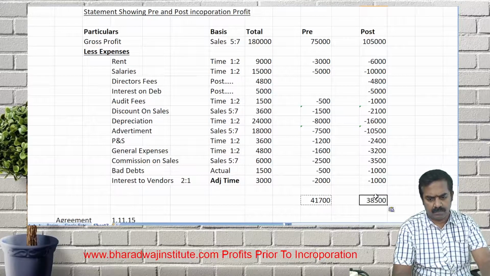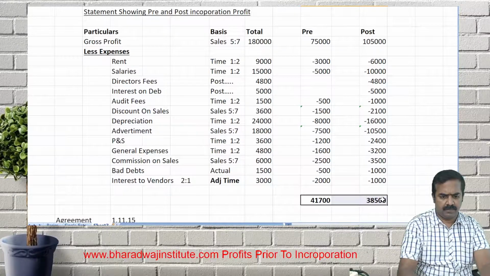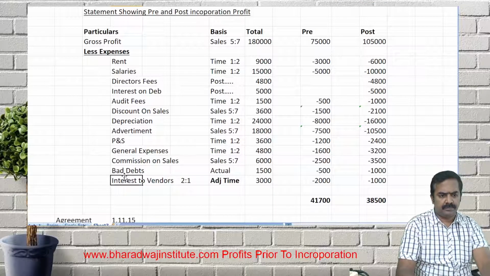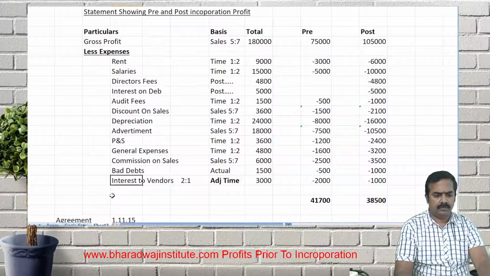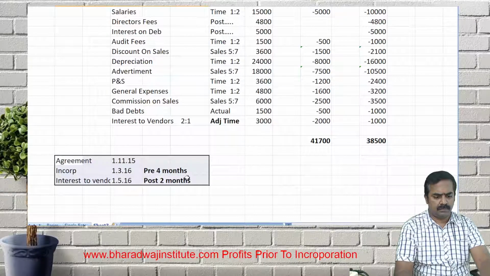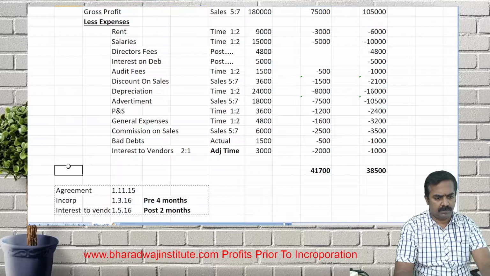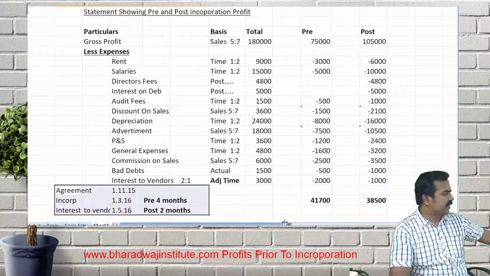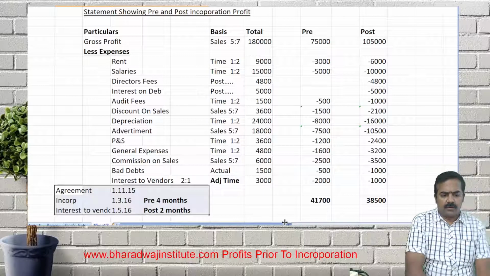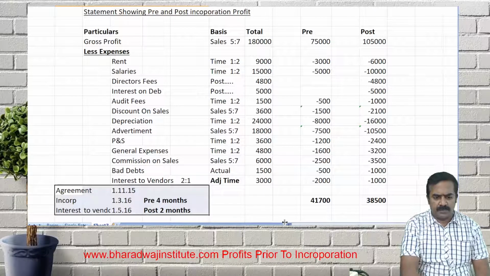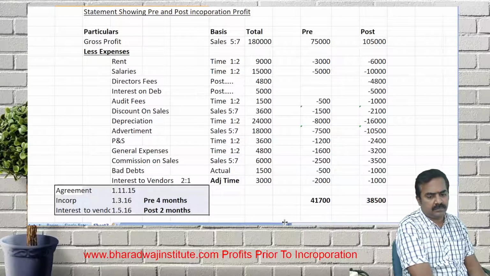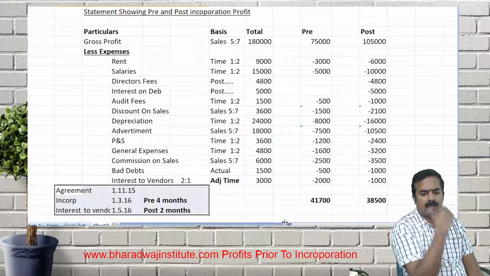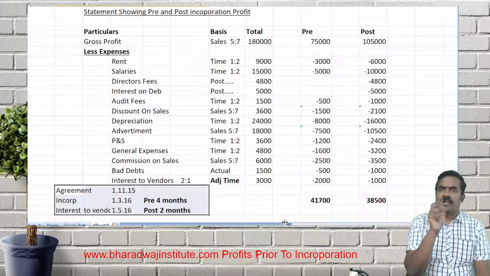If bad debts are not given with an estimate, we must take sales ratio. Interest to vendors, 4 months, 2 months. Adjusted time ratio. And after this, you must write the two sentences.